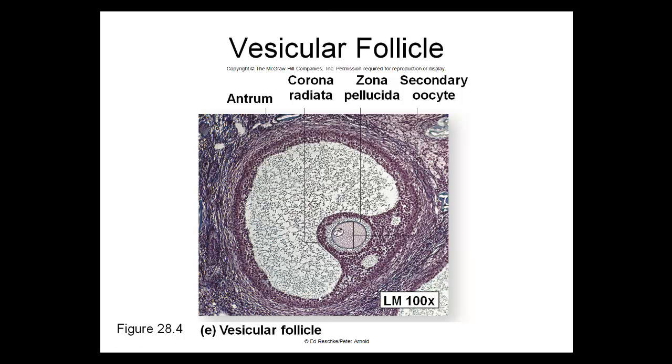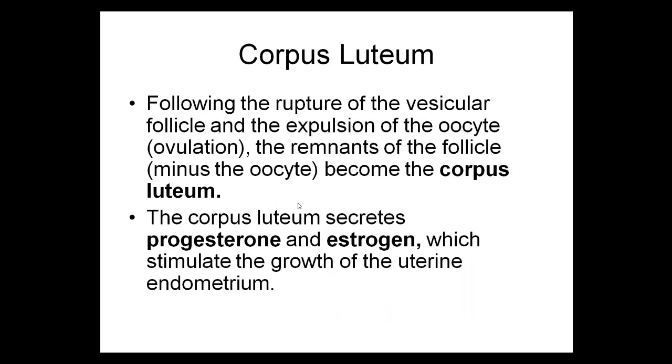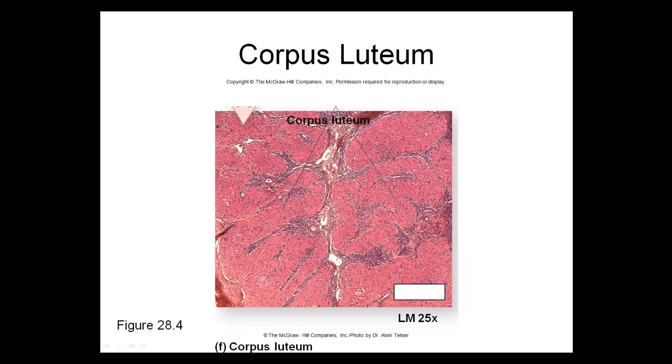They will be called luteal cells, and they will start secreting progesterone and estrogen together. Primarily the progesterone is secreted after ovulation, not before ovulation. Before ovulation, you have some progesterone, but hardly any. So anyhow, if ovulation occurs, then we have the corpus luteum, and you see a picture here of the corpus luteum.